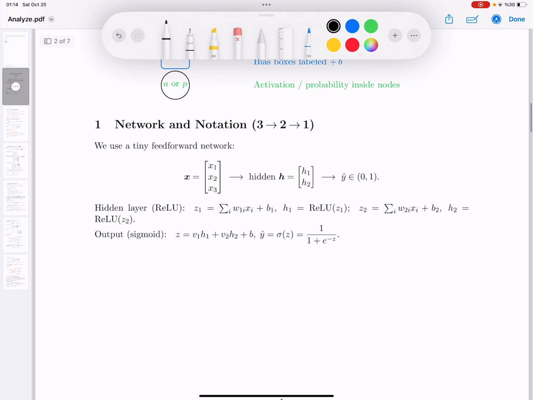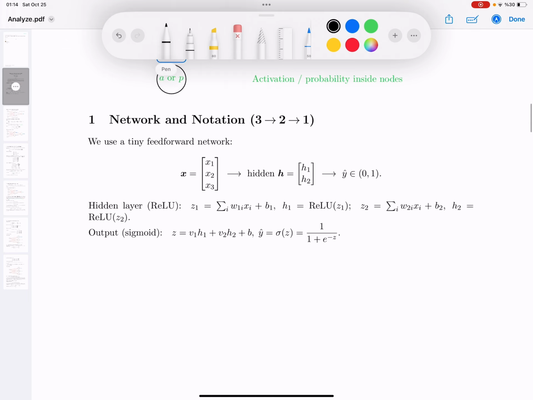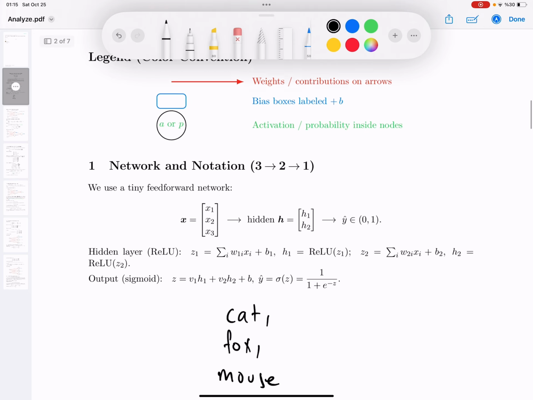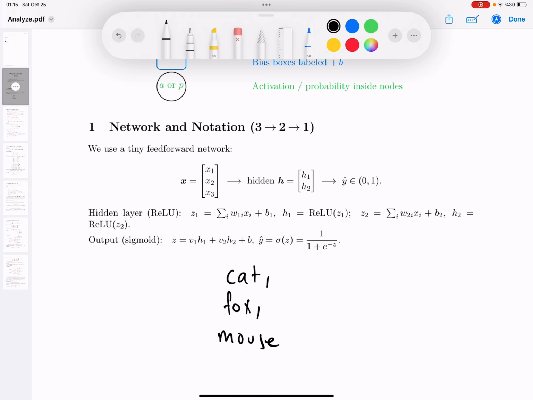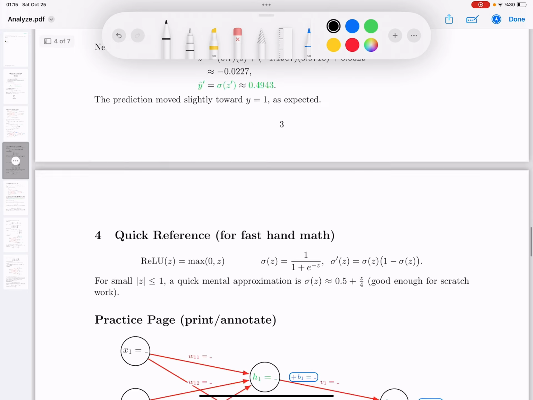Think like we have cat, fox, and a mouse. Then we assign bias value, weights, like as you also see in other page.